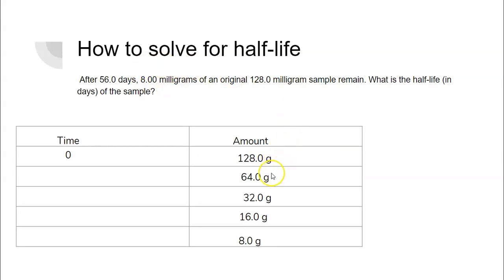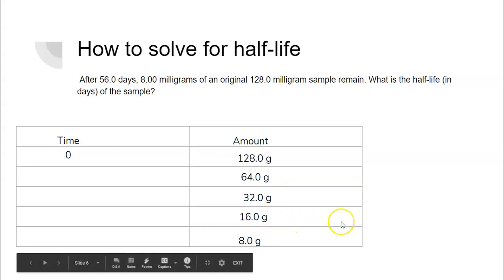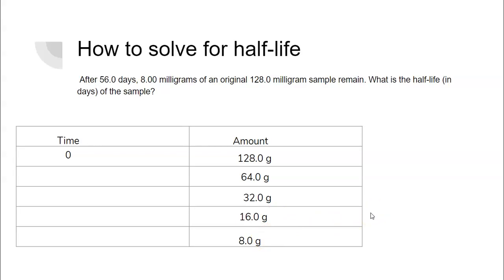So from 128 to 64 is 1. 64 to 32 is 2. 32 to 16 is 3. And 16 to 8 is 4. Okay? I also know the time elapsed, which is 56 days. So I'm going to put that at the time for 8 grams, or milligrams, excuse me.